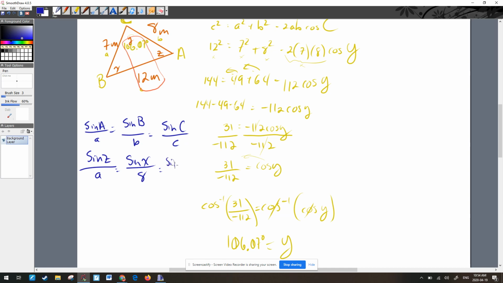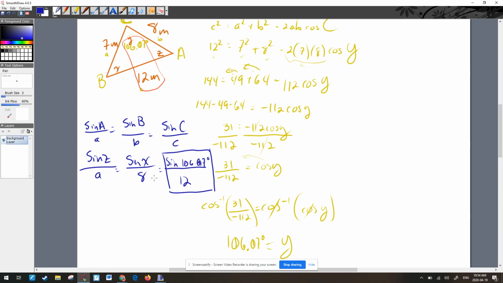So it's going to be the sine of 106.07 over 12. So we're in decent shape. What we've got now is a complete ratio. Yeah, it's using a number that you weren't given, but in this case, we don't have a choice. This is just how it has to be.